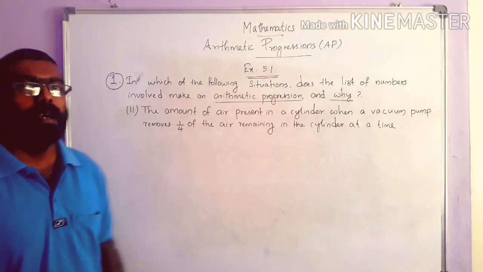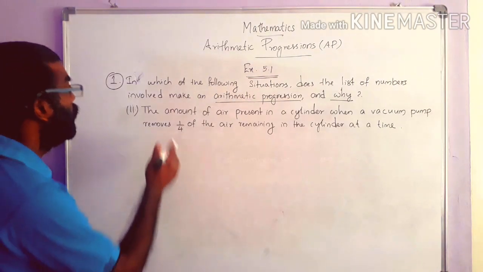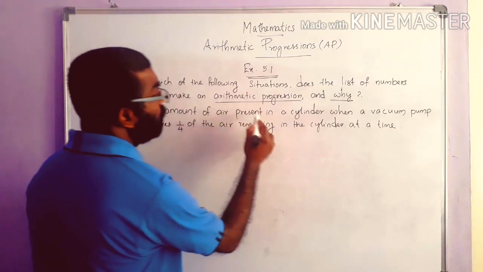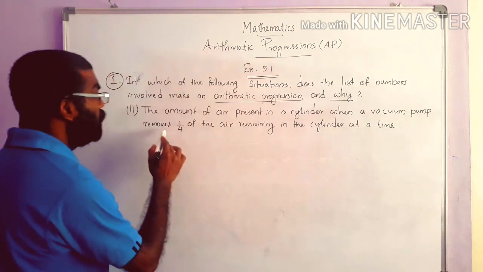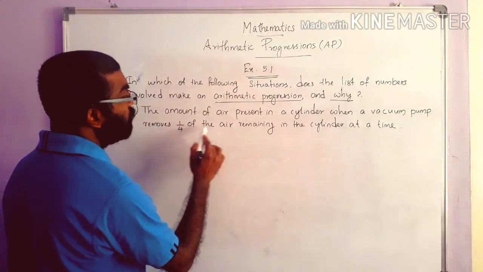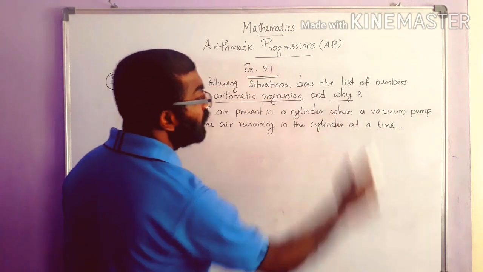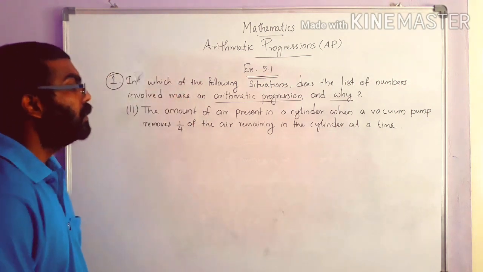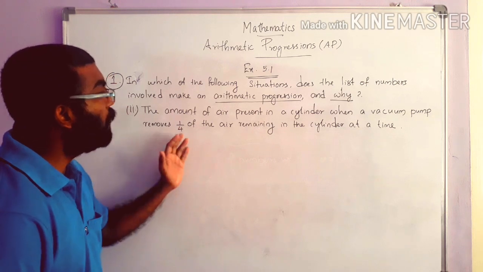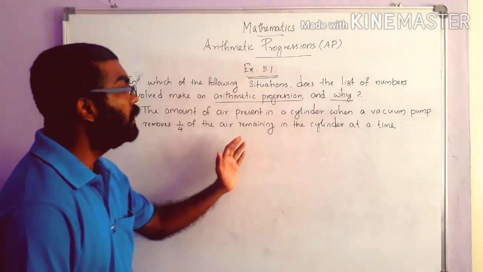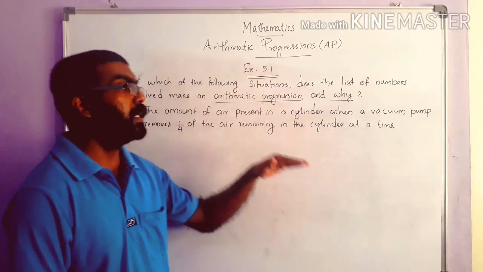Understood? And the second sub-question is the amount of air present in a cylinder when a vacuum pump removes 1/4 of the air remaining in the cylinder at a time. By using a vacuum pump, they remove 1/4 of the air remaining in the cylinder at a time.